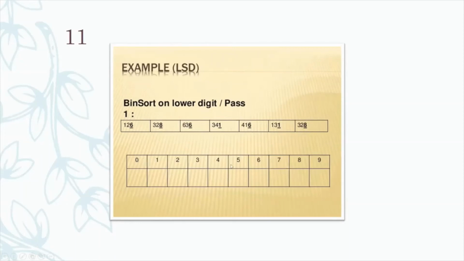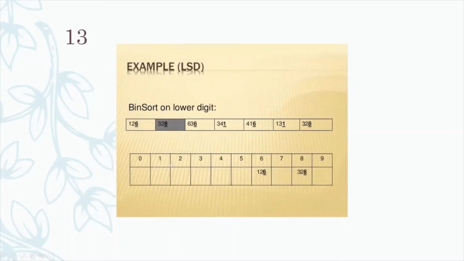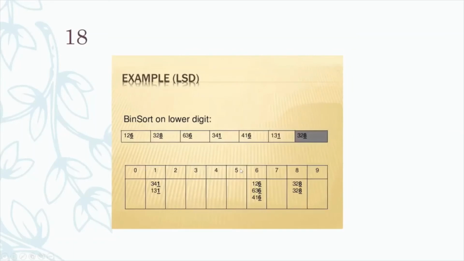It has 10 buckets. So 6 will be put in 6, 8 will be put in 8, 6 in 6, 1 in 1, 6 in 6, 1 in 1, and 8 in 8. So here is the bucket.